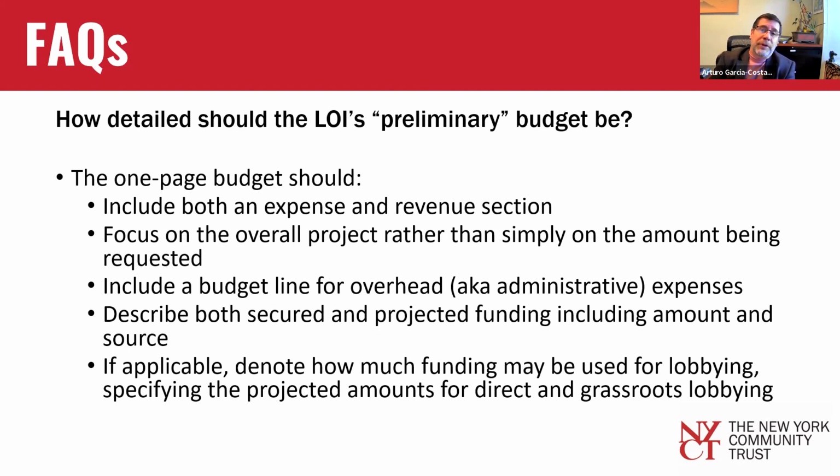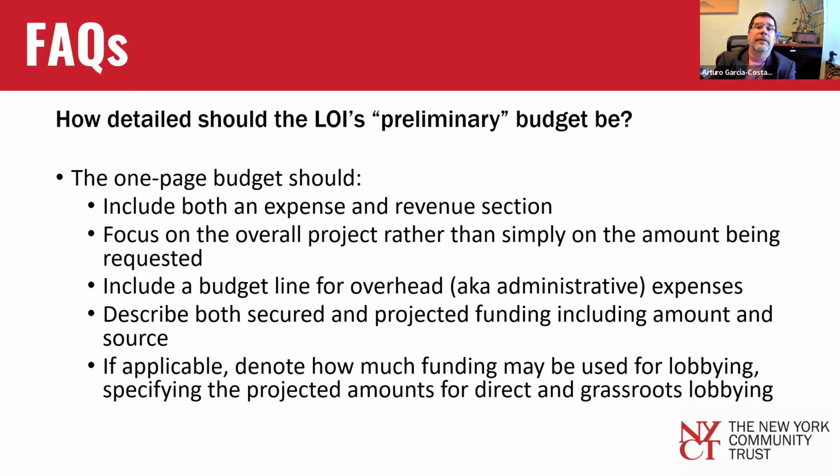And finally, New York Community Trust is a public charity. So we can have up to $1 million that we can support in lobbying every year. And this is very, very different than private foundations who are precluded from supporting lobbying.